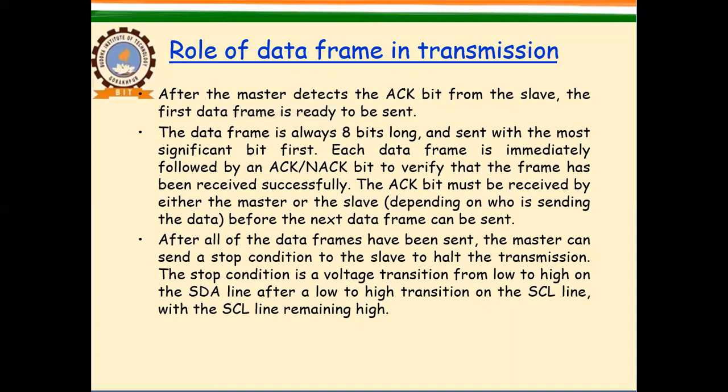And if the slave is sending the data, the master has to send the acknowledgement bit. After all of the data frames have been sent, the master sends a stop condition to the slave to halt the transmission. Once the data has been transmitted, the operation is completed.